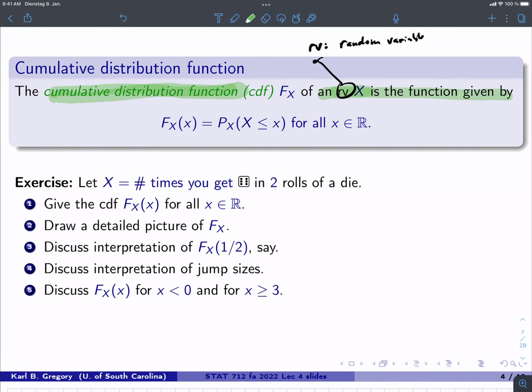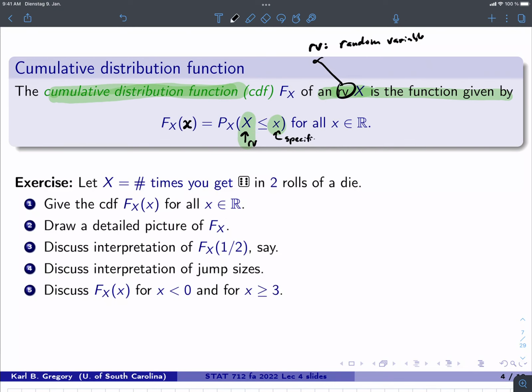Okay, so the CDF tells us, if I put in any specific value, lowercase x, the probability that my random variable X is less than or equal to that specific value.